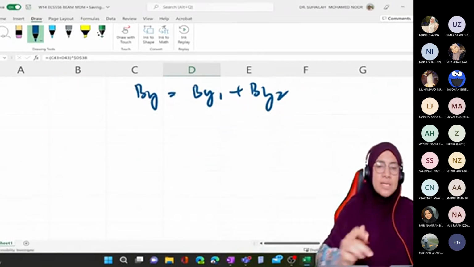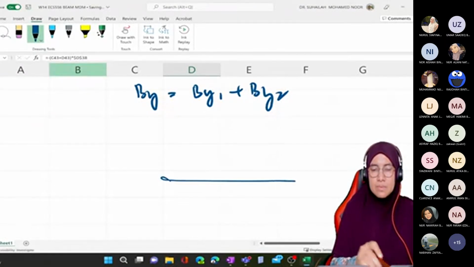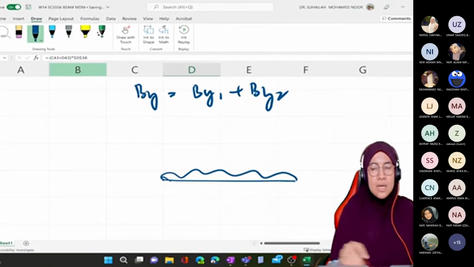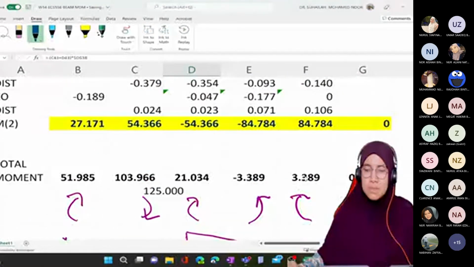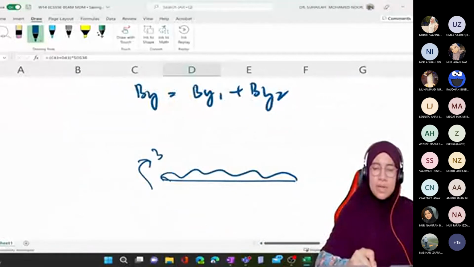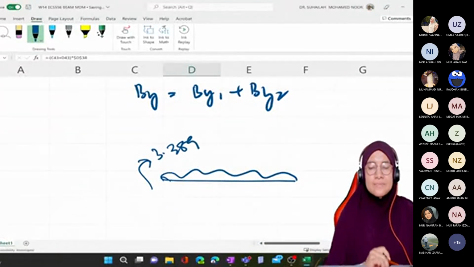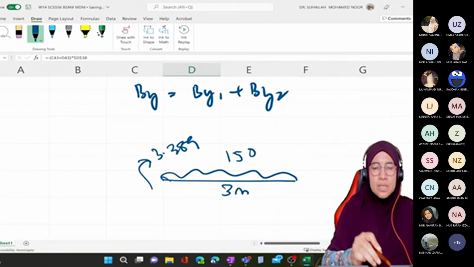Okay. So kalau C dia lain sikit lah sebab C ada UDL kan. C ada UDL kat sini. Moment we have positive 3.389. This is 150. This is 3 meter.